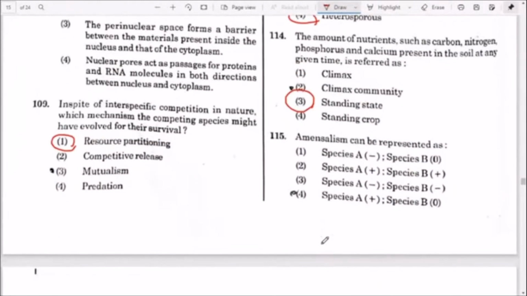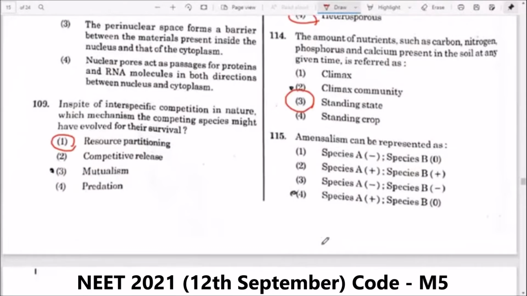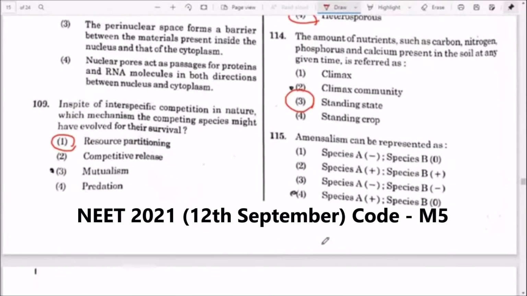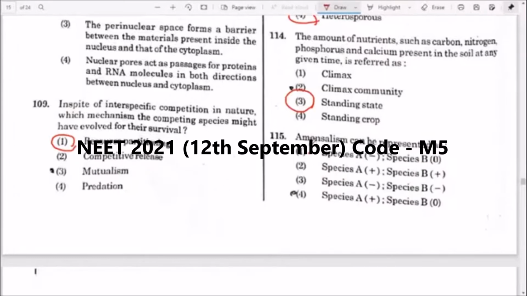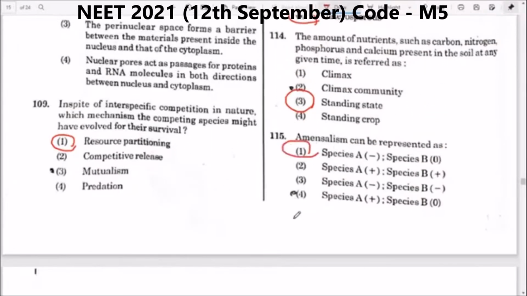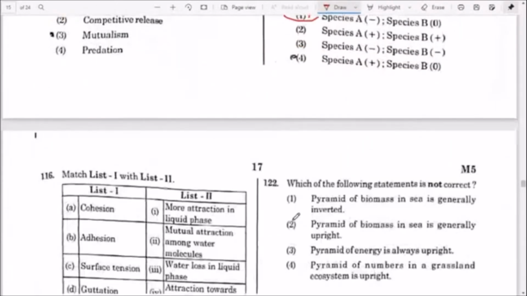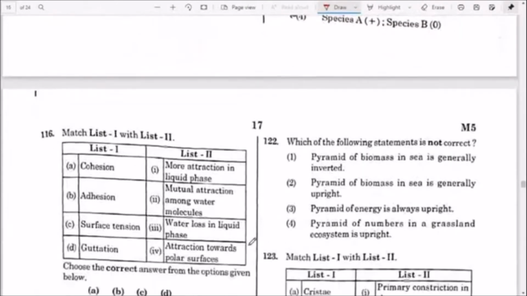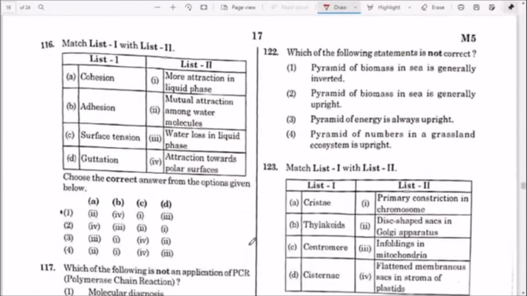Next question number 115. Amensalism can be represented as species A minus, species B 0. So for question 115, option 1 is the correct option, students. Next, match list 1 with list 2. Cohesion, adhesion, surface tension, guttation; more attraction in liquid phase, mutual attraction among water molecules, water loss in liquid phase, attraction towards polar surface.